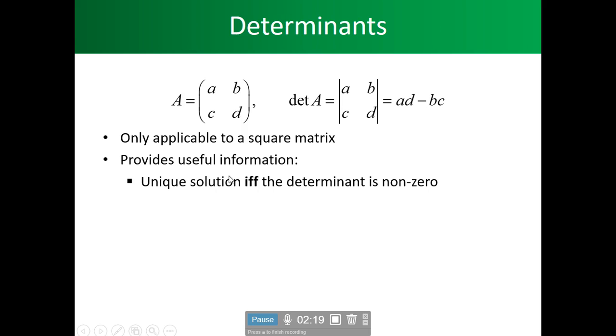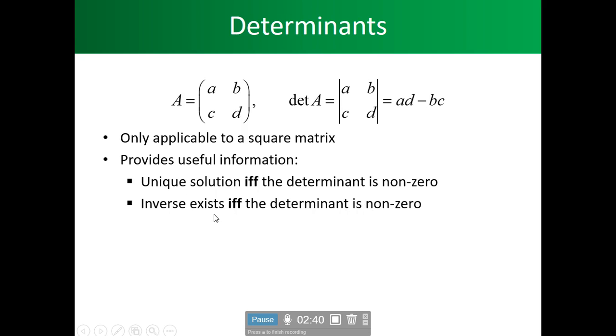Now, this is a unique solution if and only if the determinant is not 0. So the determinant cannot be 0, otherwise it's not useful to us. The inverse exists if and only if the determinant is non-zero.